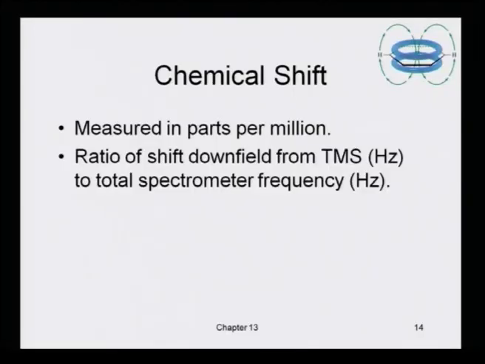Now, what are these different chemical shifts, and what relevance do they have in terms of NMR? Chemical shifts that are actually shown in an NMR are measured in ppm or parts per million.